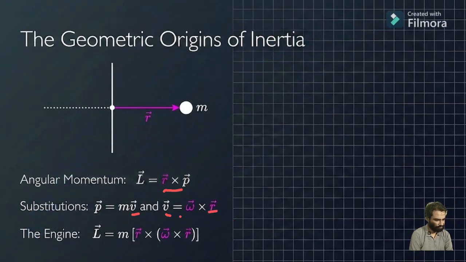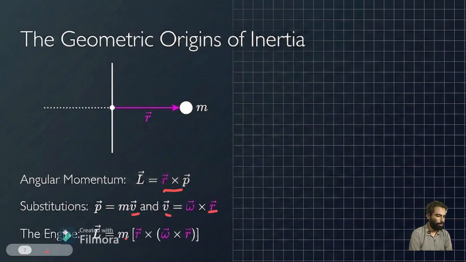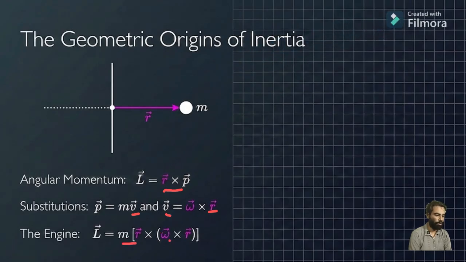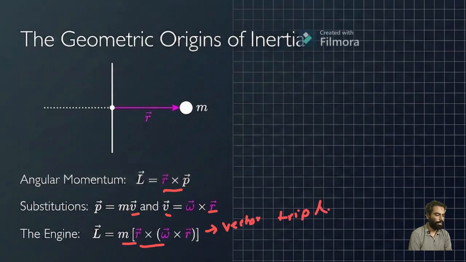Now finally, if you substitute that into the angular momentum, you will see m into r cross omega cross r. So it is another product, but it is not a scalar triple product, it is a vector triple product. Okay, vector triple product, not scalar triple product.